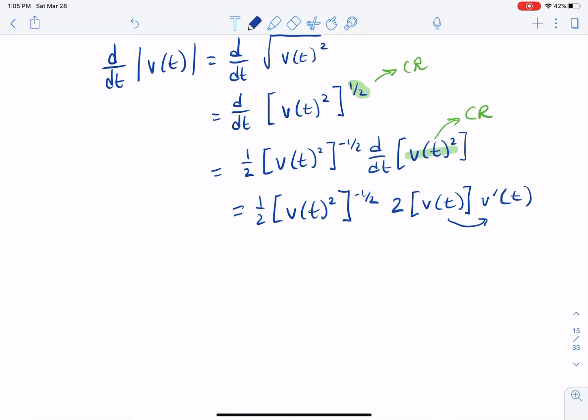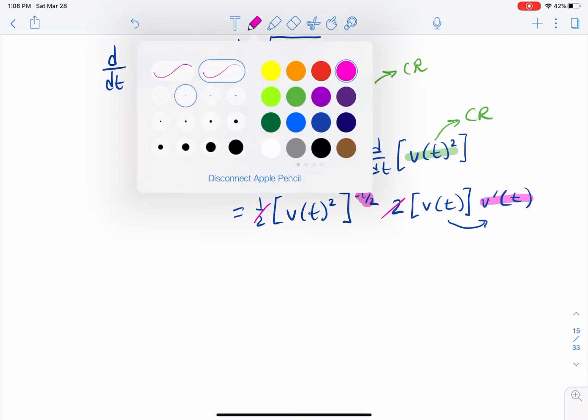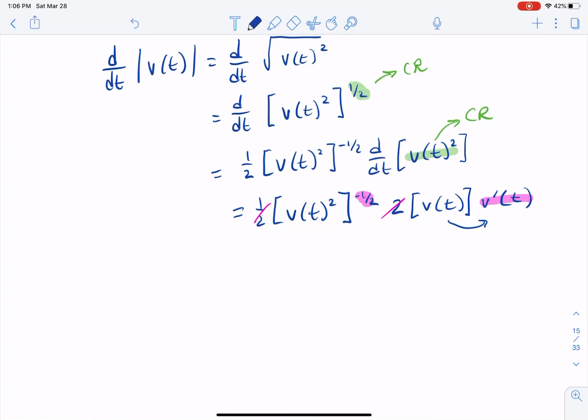All right, and now I'm just going to rewrite some stuff, and notice, of course, that our 1/2 and the 2 cancel each other out. And because we've got a negative exponent on this part, I'm going to put that down to the bottom. And then the other thing that I'm going to do is this v prime of t. That's, of course, the same thing as the acceleration function. Okay, which means on top, I've got the velocity function times the acceleration function over this v of t squared to the 1/2 power.